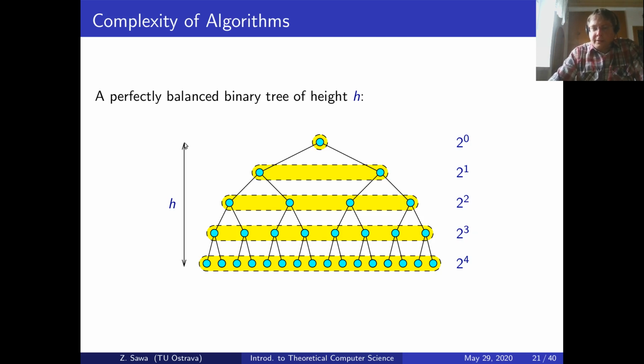So if h is the height of the tree, where the height is the length of the branches from the root, then a layer in depth h, if this would be depth 0, depth 1, depth 2, depth 3, and so on, the number of nodes in depth h would be 2 to h, and this forms a geometric progression.